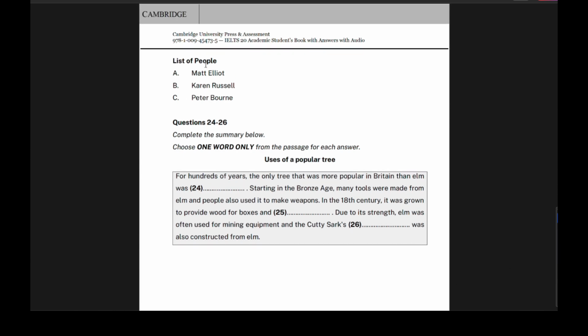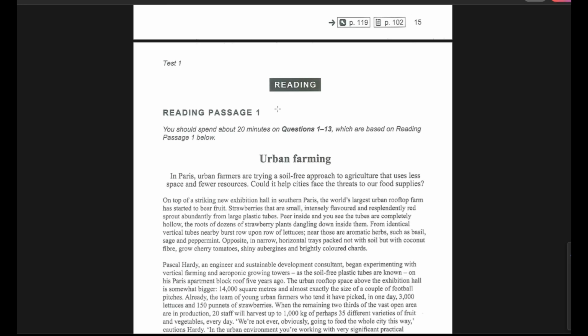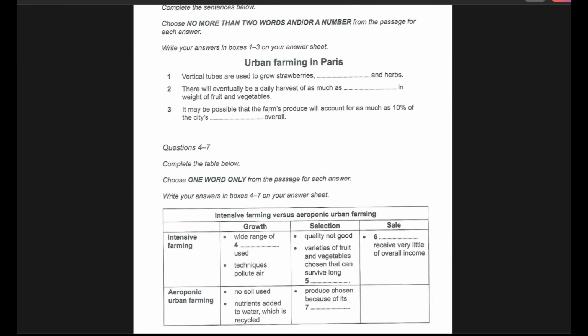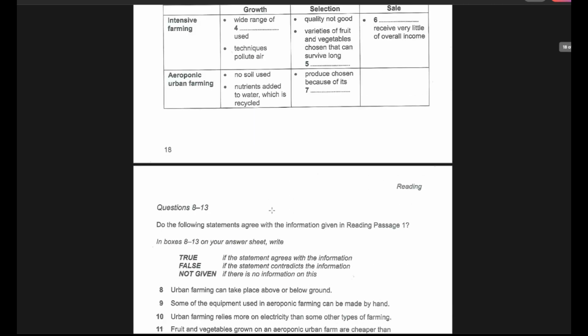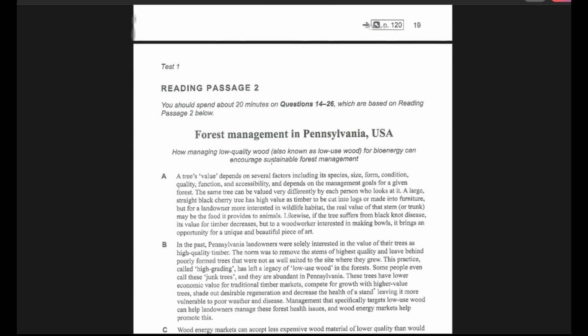Let's run the same process on another test. Now let's run the same process on this academic reading test as well. So the first section has fill in the blanks type of questions, again fill in the blanks type of questions, then true, false, not given type of questions. That's good.